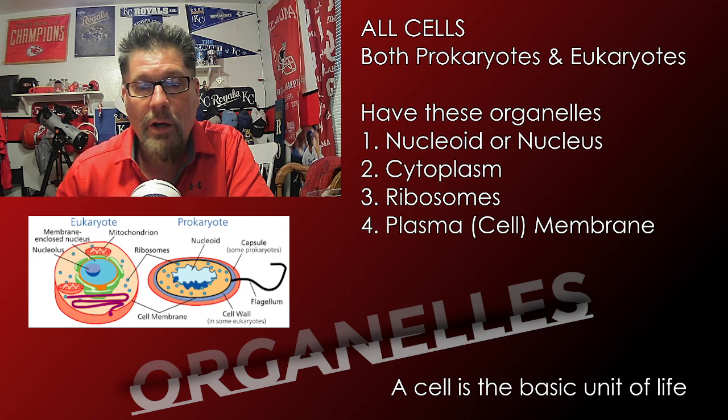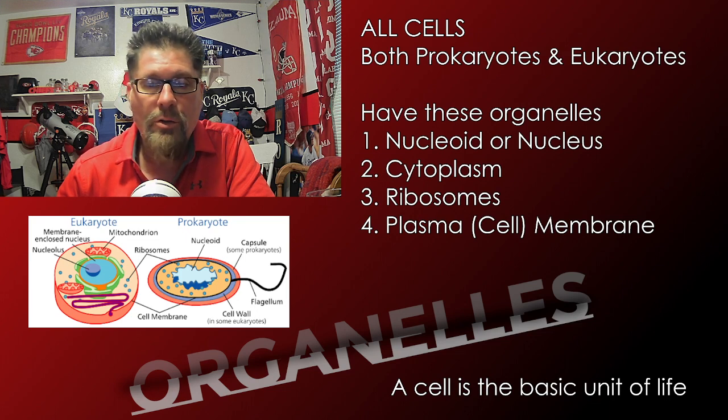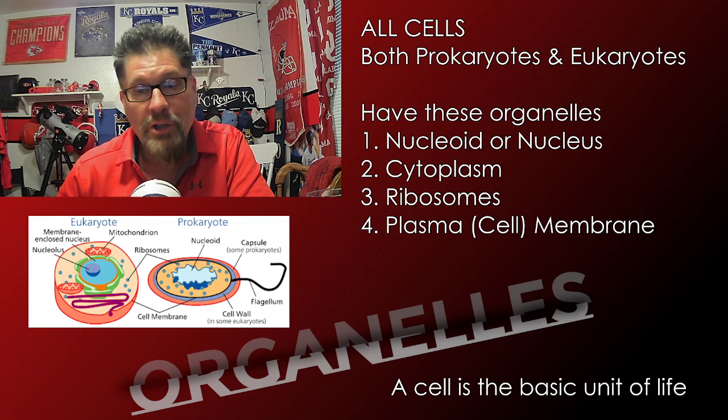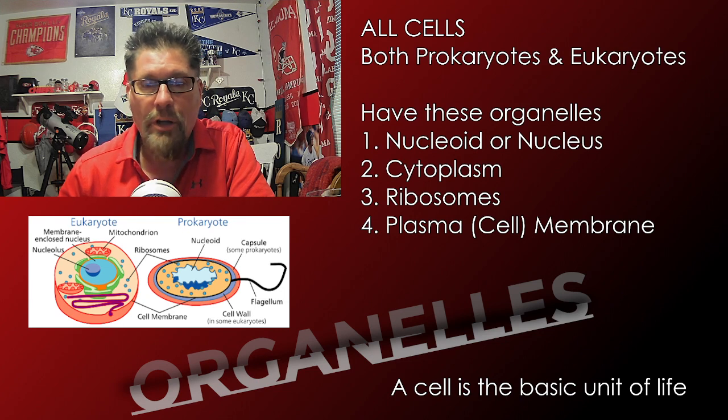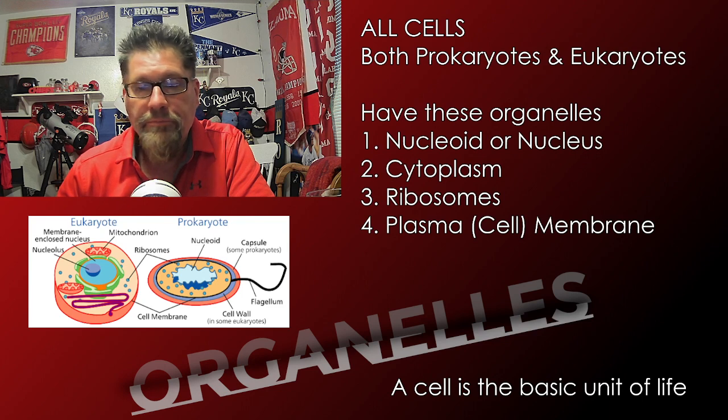Cytoplasm will have its own section in the video, but it is the material that all the organelles, or everything within the cell, kind of resides in. You can think of packing material, whether it's shredded paper, packing peanuts, or styrofoam, but they just kind of nestle into that to keep them safe.